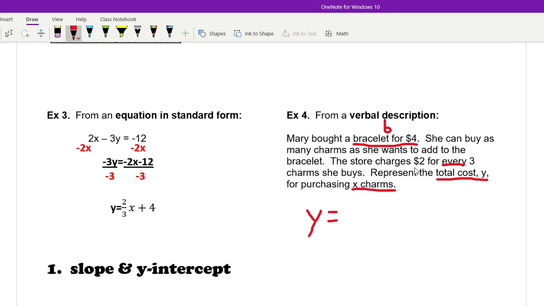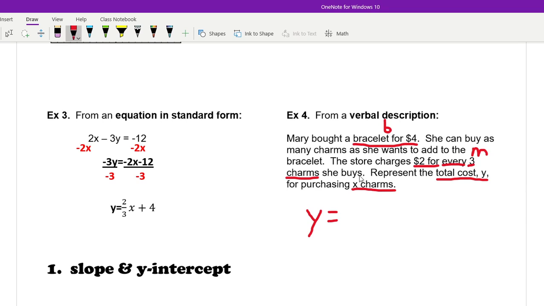And it says that the store charges $2 for every 3 charms. So this is showing that it is 2 for every 3. This would be our rate, or in other words, our slope.